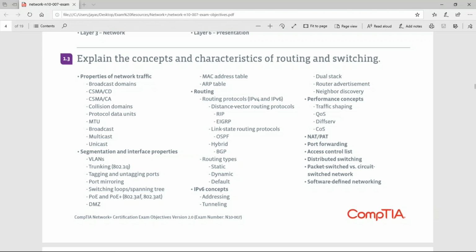Just a quick curiosity. Is it true that EIGRP is no longer Cisco proprietary? You know what? I don't know. I haven't heard that, but it could very well be true. The main difference between Net Plus and Cisco is that your Cisco exams are going to be more proprietary to Cisco, whereas Net Plus is more about the concepts, more open source.